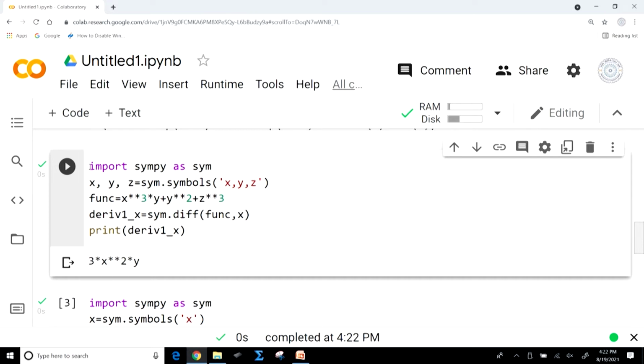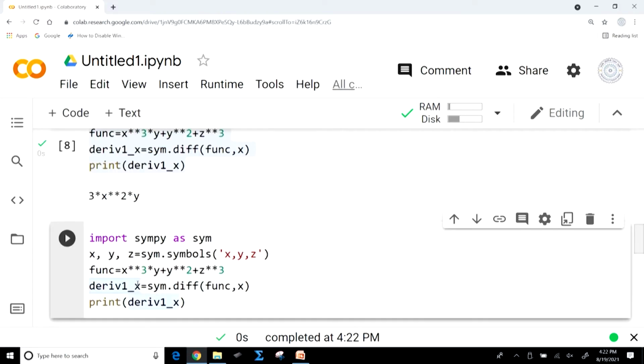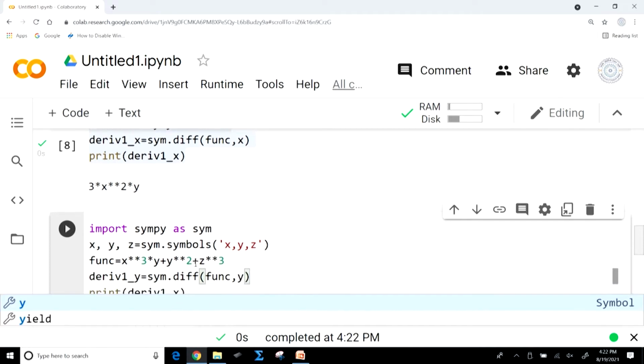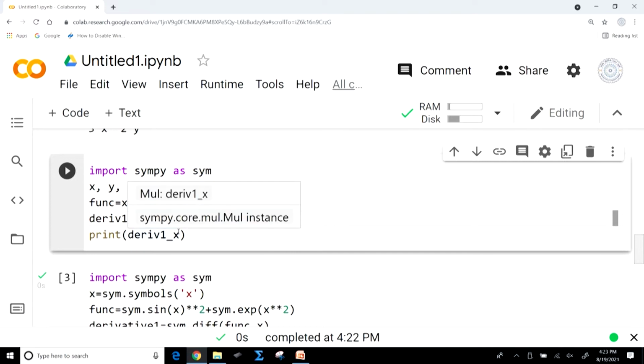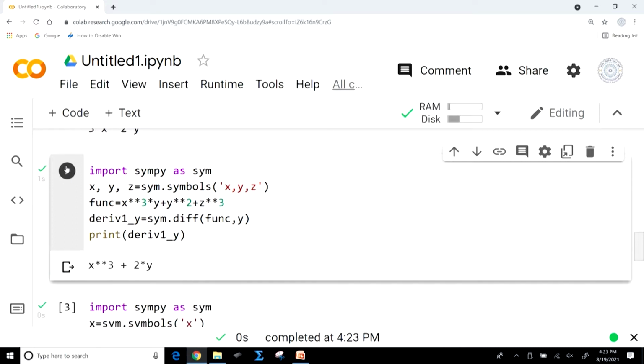Similarly, if you want to compute the partial derivative of this function with respect to y, for example, we simply write y here. So, this is the partial derivative of this function with respect to y, and similarly for z.